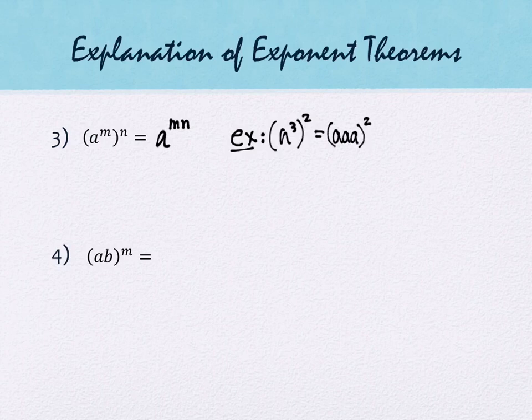And then squaring the a to the third means I have 3 a's twice. But how many a's is that? 6. And how do you get from 3 and 2 to 6? You multiply. Okay.